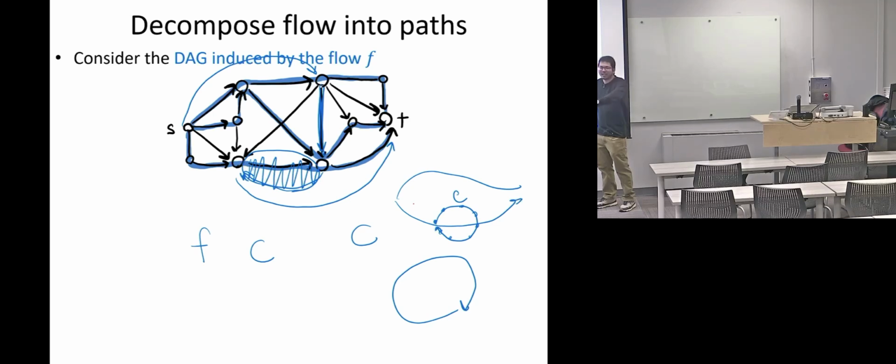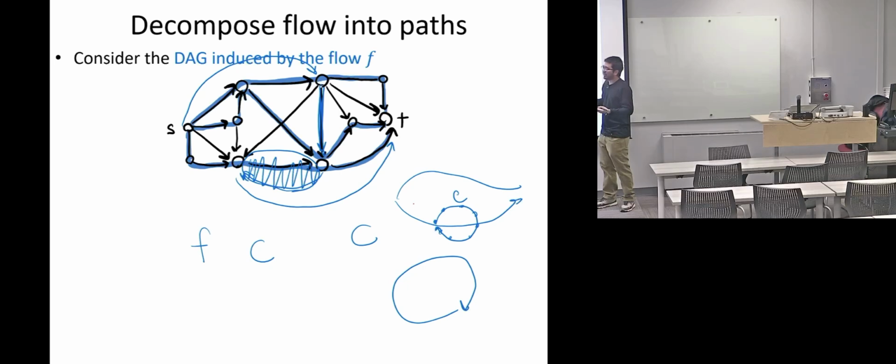So when you remove a cycle, the total in degree and total out degree of every node is decreased by the same amount. Make sense? When you remove a cycle from a flow, it's still an ST flow.